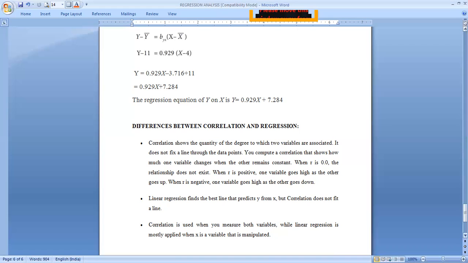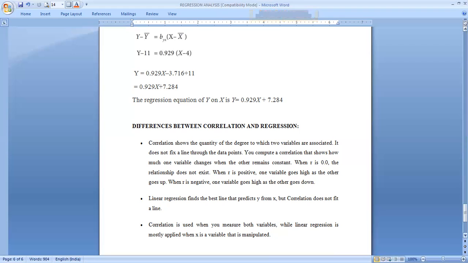So for positive values of r, the correlation is called positive correlation, and when one variable increases, the second variable also increases. When the value of r is negative, and one variable goes high, then in the negative correlation the second variable will decrease.